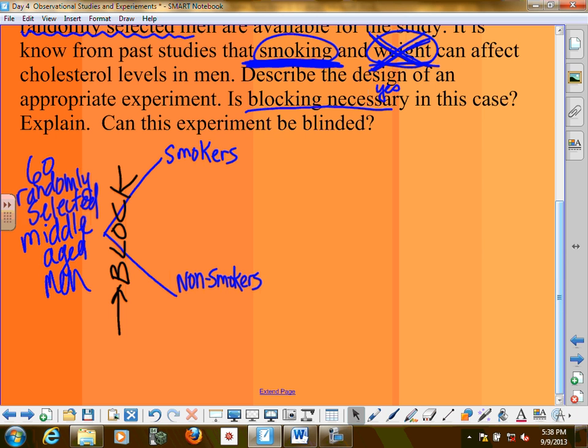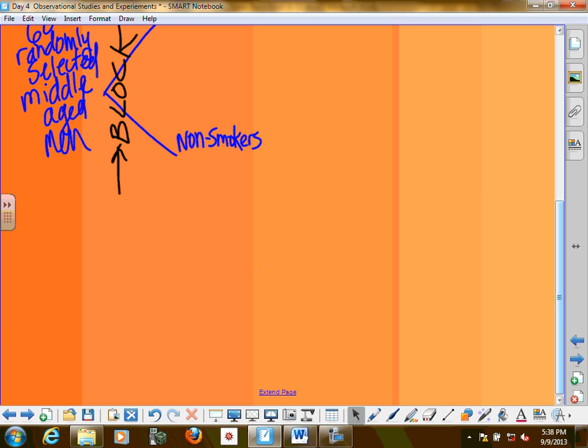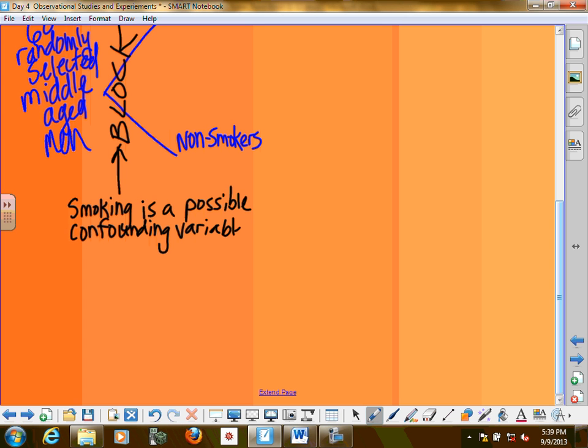But I have to tell people that I am blocking because smoking is a possible confounding variable to cholesterol level.